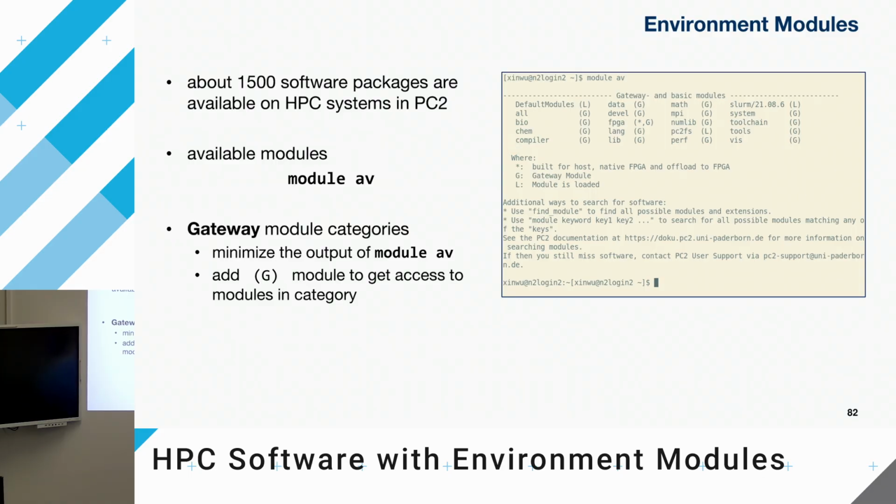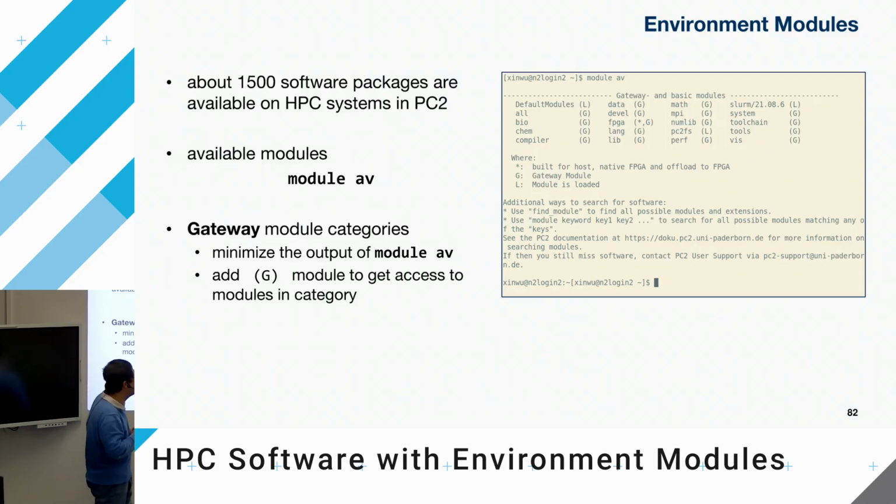output like this, the so-called gateway modules or basic modules. As you can imagine, there are 1,500 software packages. If you want to look at the availability of 1,500 software packages, you will see a very messy output, right? So a better way to organize this is to put the software which belongs to the same field or research direction into one gateway.